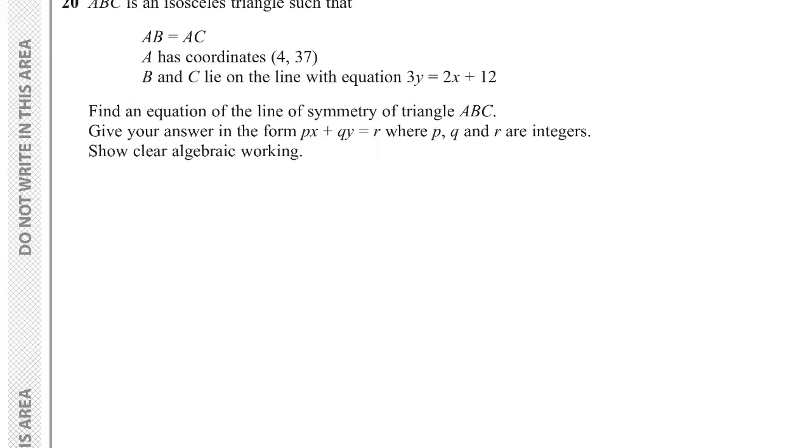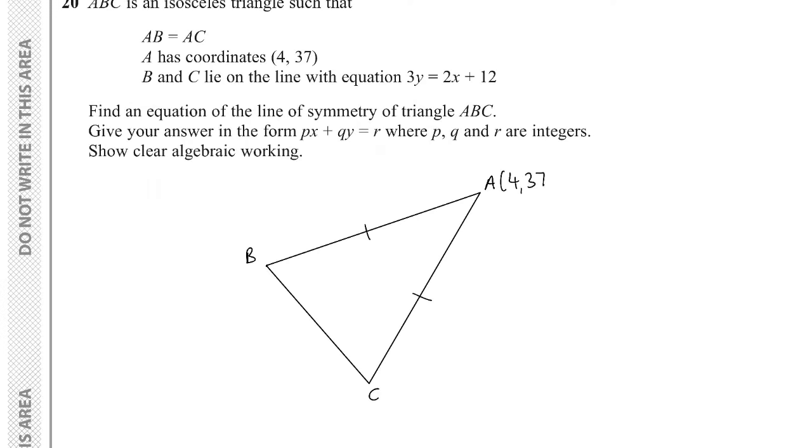I will draw a diagram not drawn to scale. I'm not going to be worrying much about where I put the points, so I will just draw a triangle here, an isosceles triangle. It's AB equal to AC. A has coordinates (4, 37). B and C lie on this line, which I will be drawing.